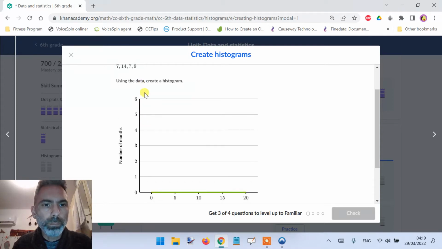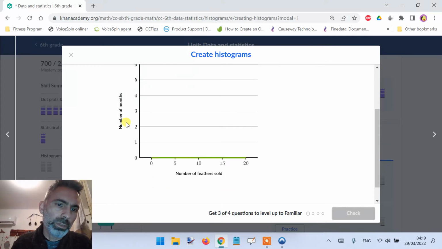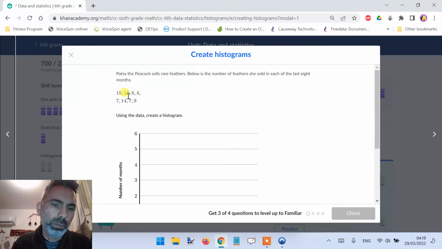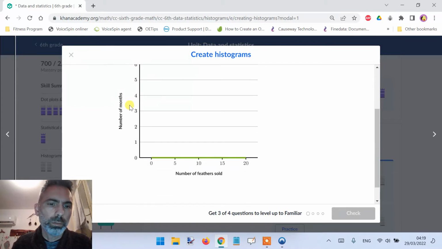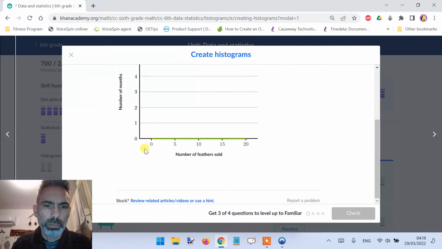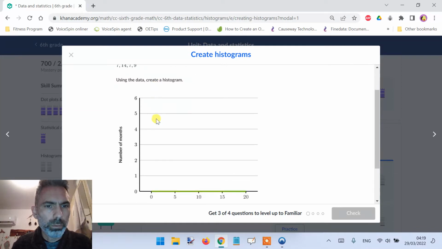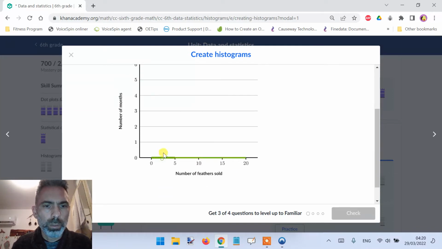Okay. So, this is the number of months. This is the number of feathers sold. So between 0 and 5, we have only 4.